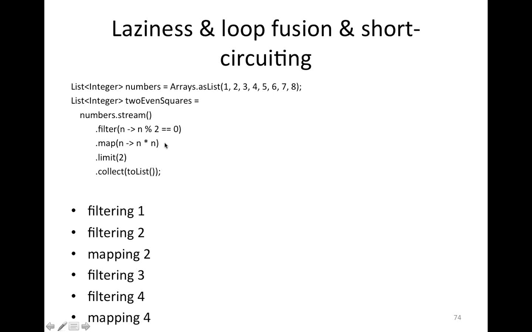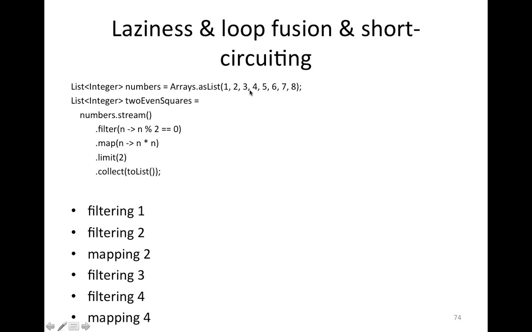This is what we call loop fusion, because filter and map have been fused together. You don't have to wait for the whole result of filter to start squaring the numbers. You can already pass it on. So map takes the number 2 and returns its square, which is 4. This is passed to limit, and limit figures out that, okay, we've calculated one number already, so there's only one left. We carry on.